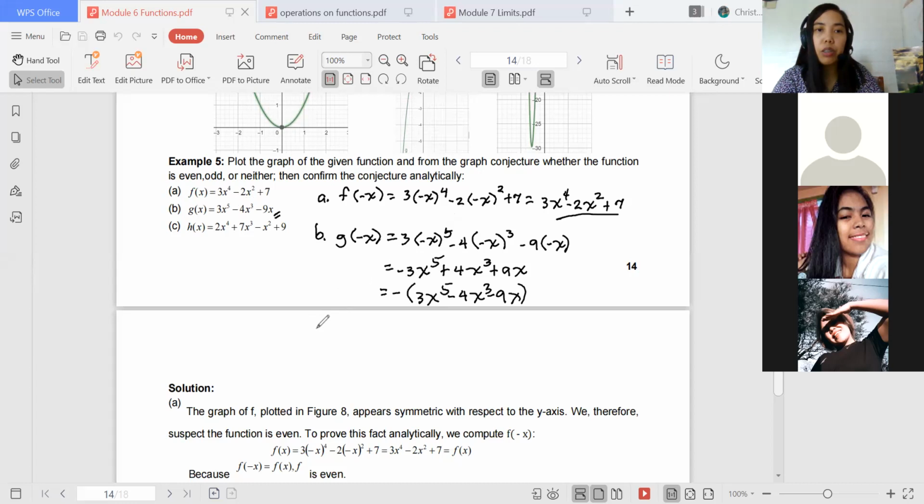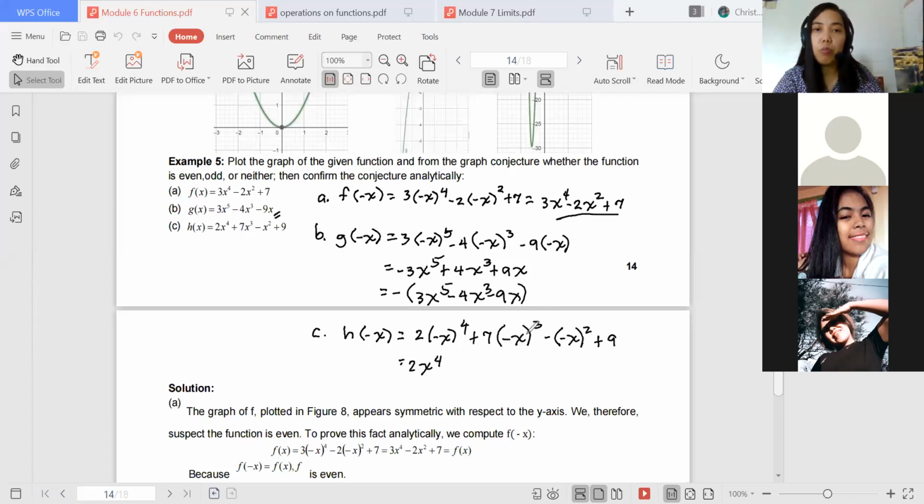Okay, next, letter C. H of negative x is equal to 2 multiplied by negative x to the 4th power plus 7 times negative x cubed minus negative x squared plus 9. The 4th power of negative x is positive x to the 4th, times 2, 2x to the 4th.